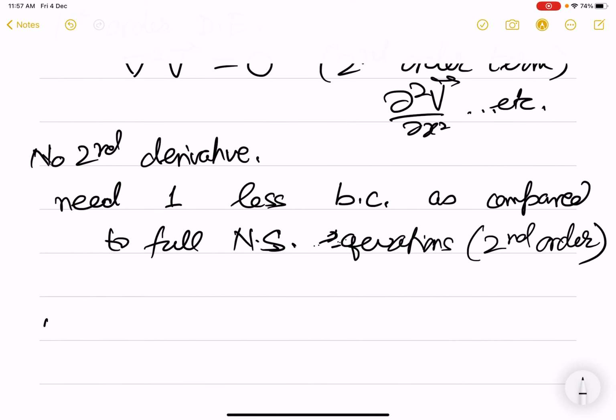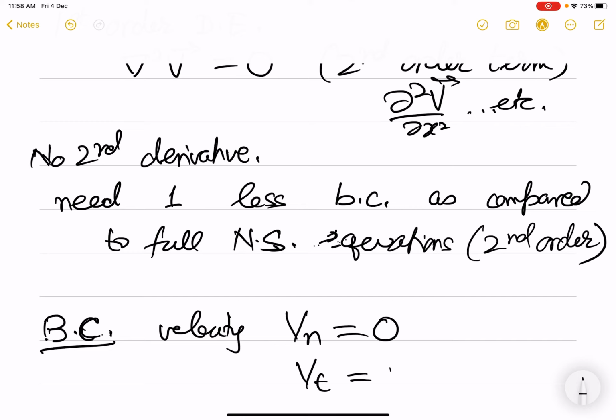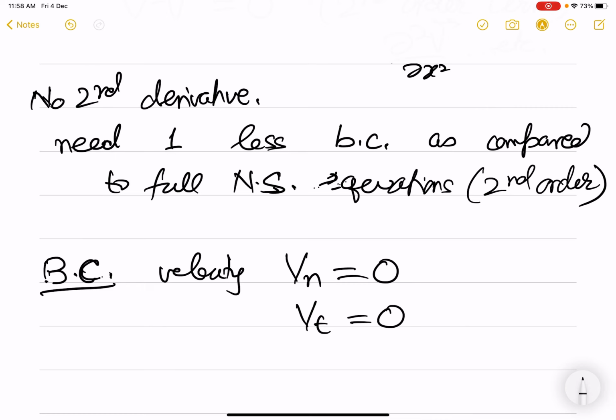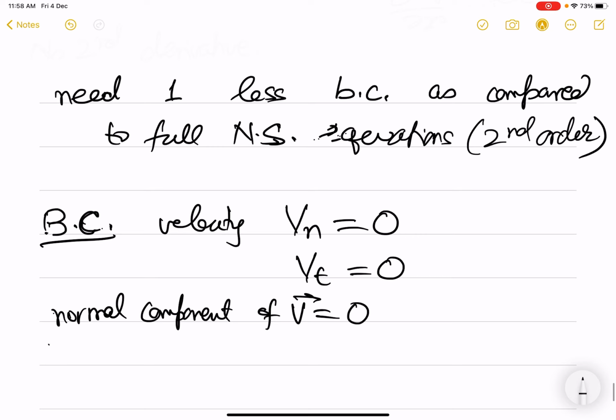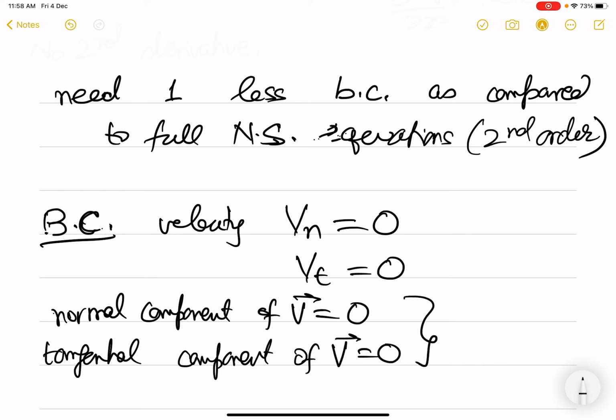Now the velocity boundary conditions we used for the Navier-Stokes equation were: the normal component of velocity is equal to 0 and the tangential component of velocity is equal to 0.